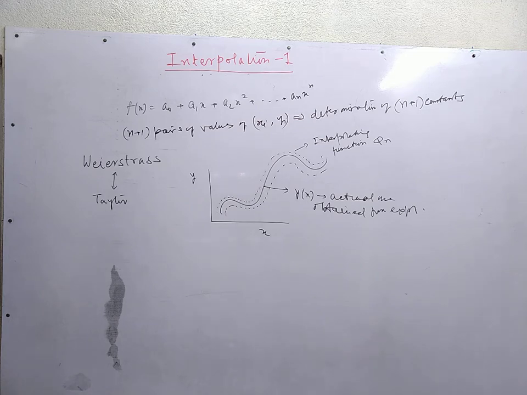Depending on the number of available data, we can have a better and better polynomial. The larger the number of data available, the larger will be the order of the polynomial, and it will be estimated better and better.